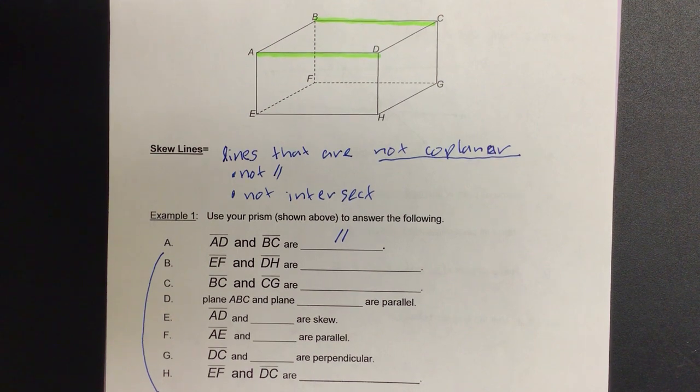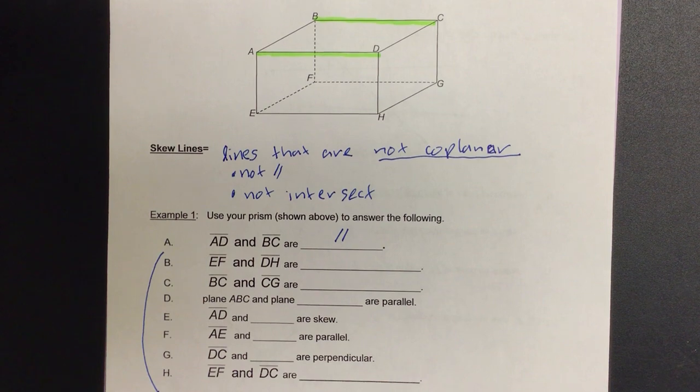Maybe they intersect. No, that's parallel. Wait, DC. DH. No, it's not. Why not? Those two, yeah, they both.